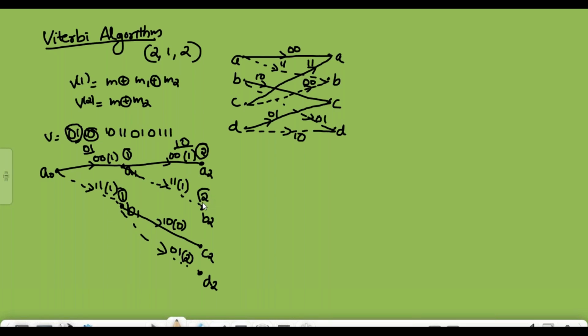Then in the next stage, we have to represent the complete list. All the possibilities are there. Here represent nodes A3, B3, C3, D3.